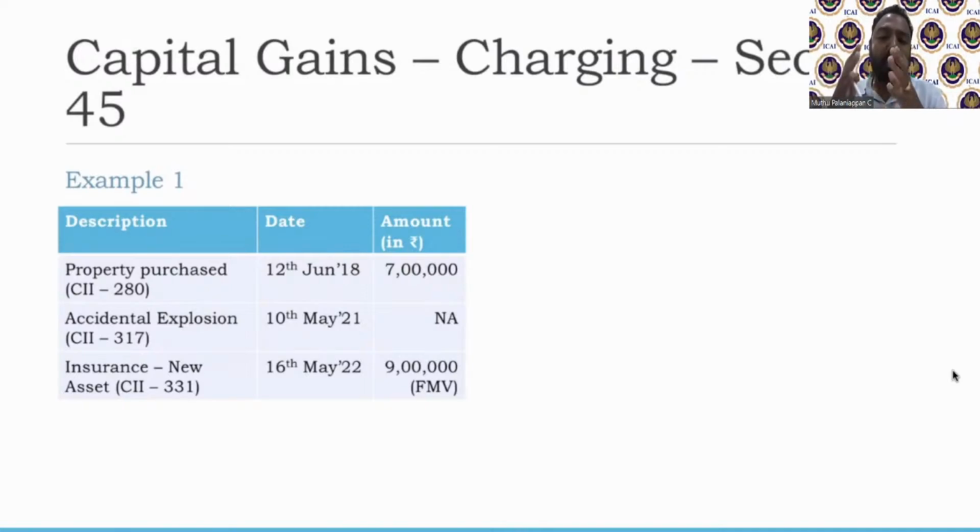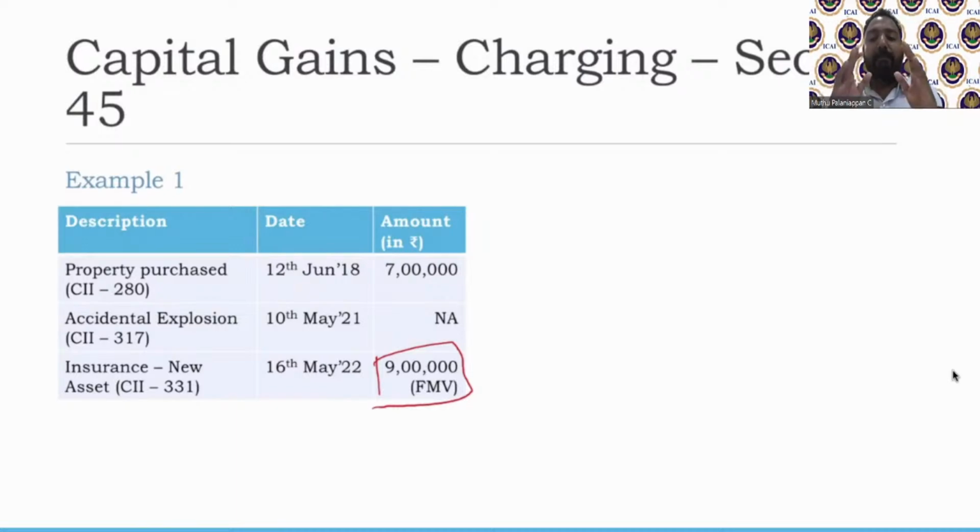Let's take that the asset is a machinery. Now, for this machinery, insurance gives the assessee a new machinery on 16th May 2022. The fair market value of that asset is 9 lakhs instead of 7 lakhs, because his asset is actually 7 lakhs only, but what he has received is an asset worth 9 lakhs. Now, how do we compute this?